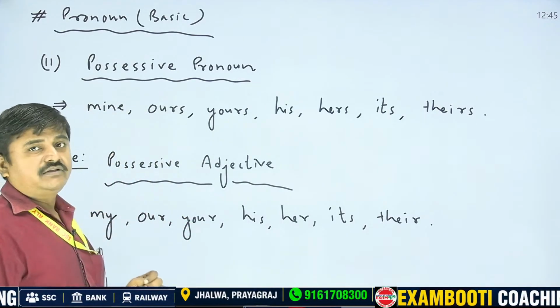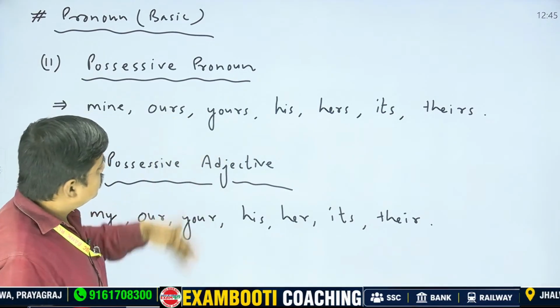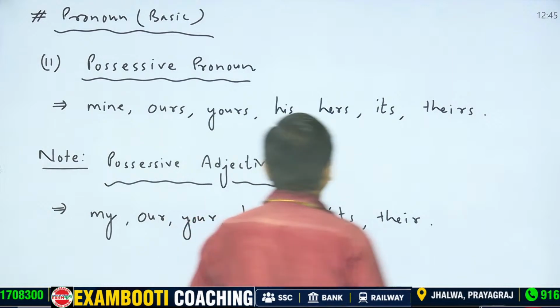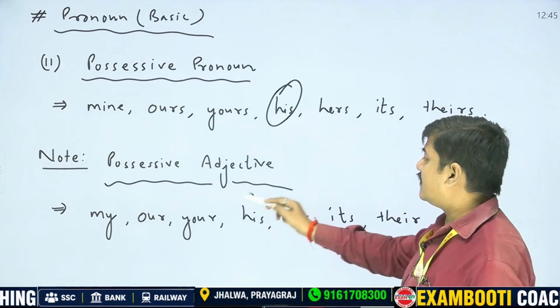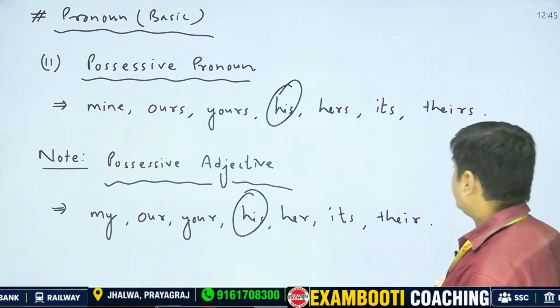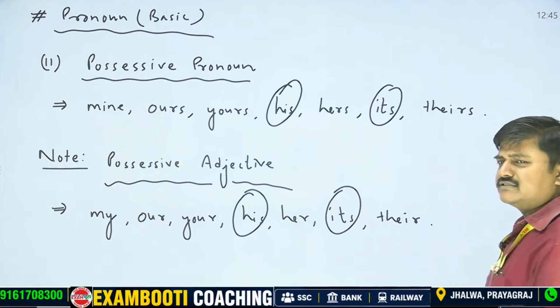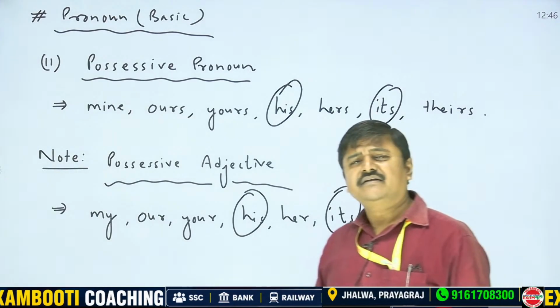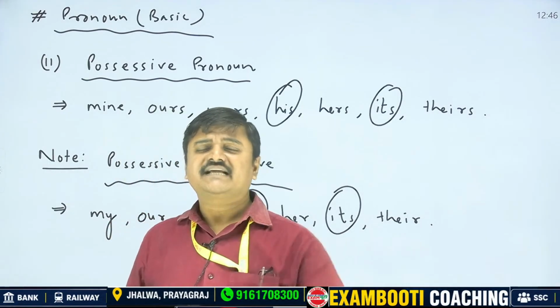What about the words that are common in these two different sections? Like, you may see his hair, you may also see his hair. You may see its hair and its hair as well. So they are found in both sections.